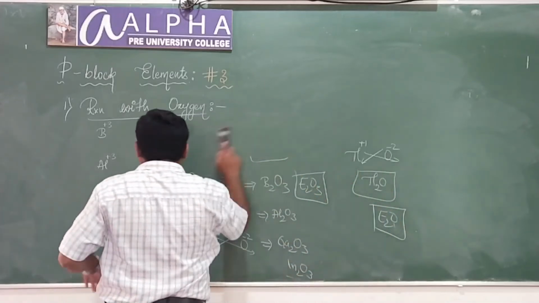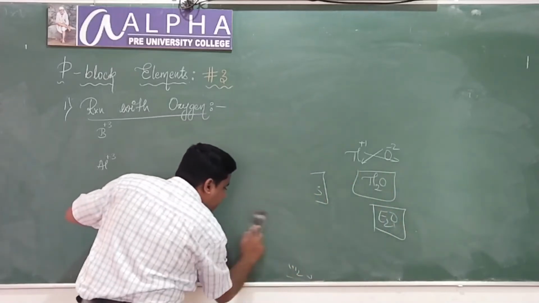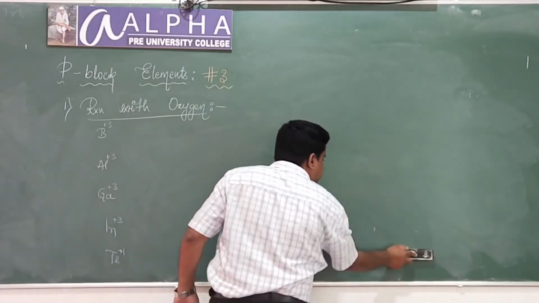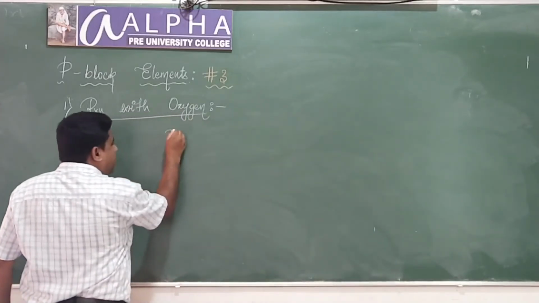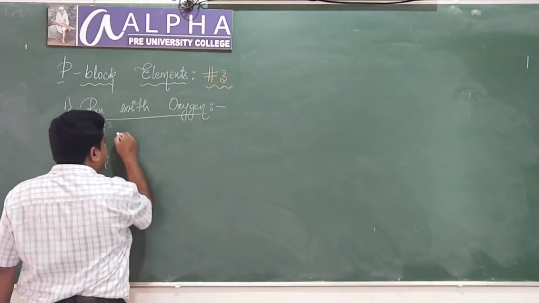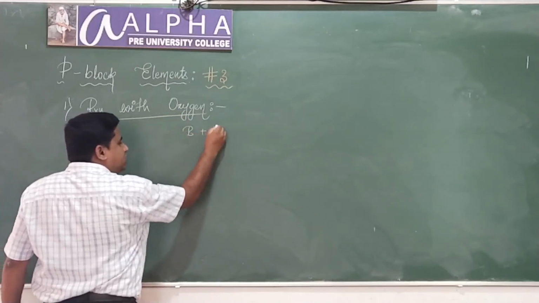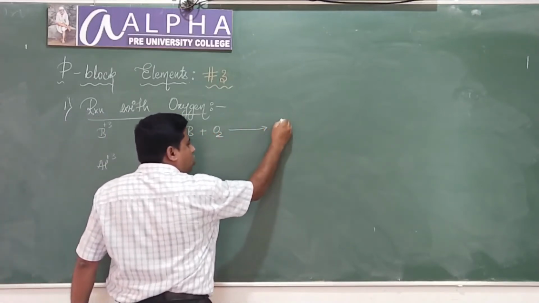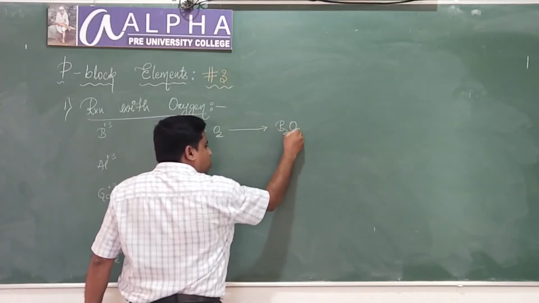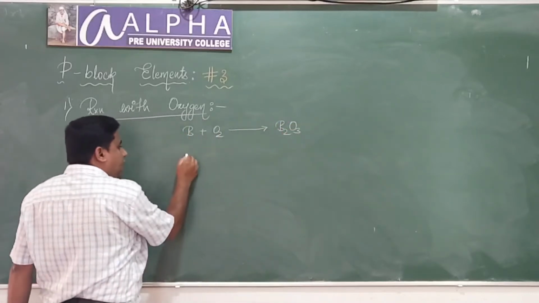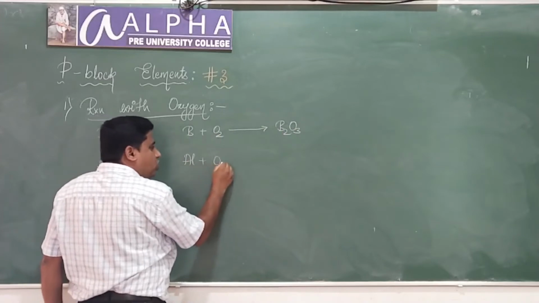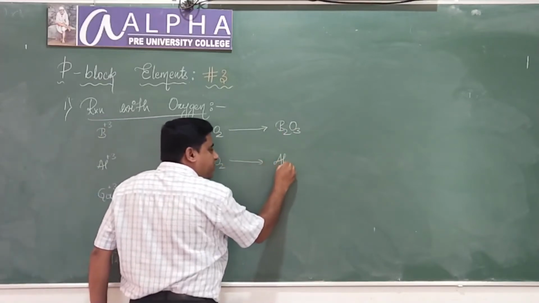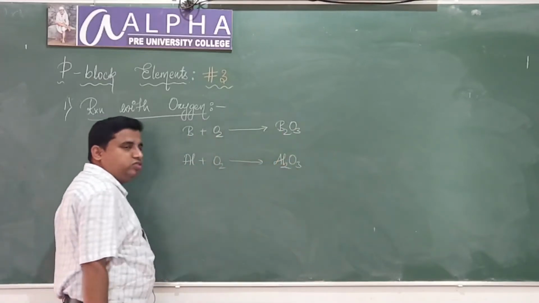Let us write it here. So, observe this. When boron reacts with oxygen, it forms an oxide of the type B2O3. Correct? When aluminium reacts with oxygen, it forms aluminium oxide of the type Al2O3.